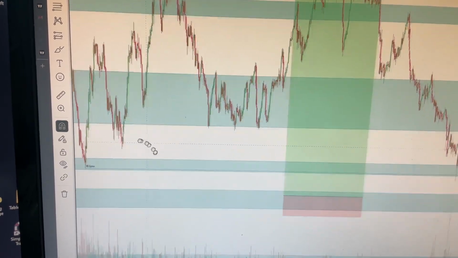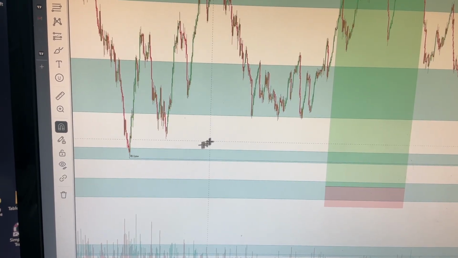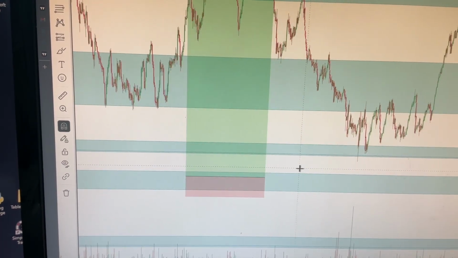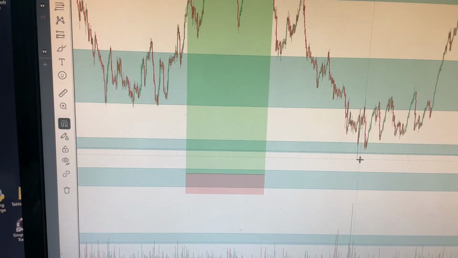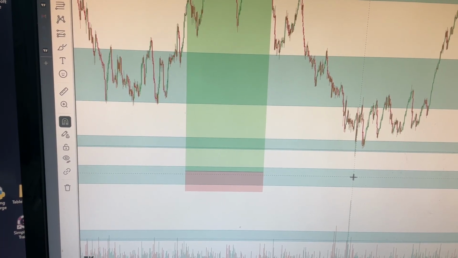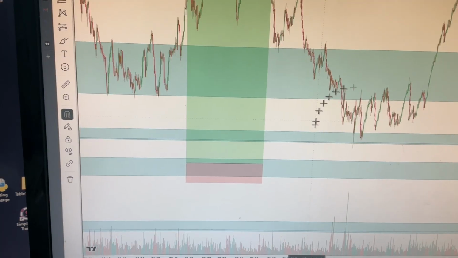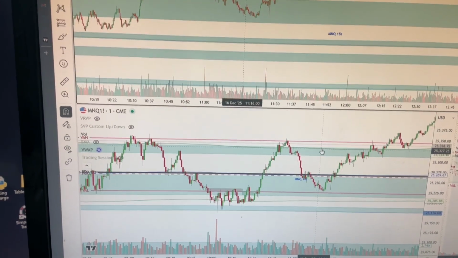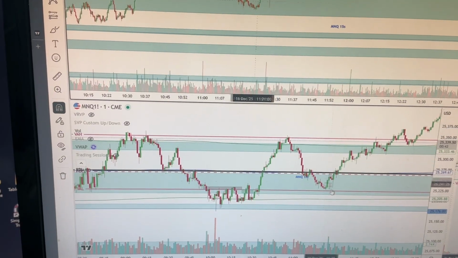So this is the IB low, and if I was going to catch a failed auction, see how close it came. If it had dipped in here, I'd automatically have been in the trade and it went up, but that's a side point. So now we're going to do the replay.